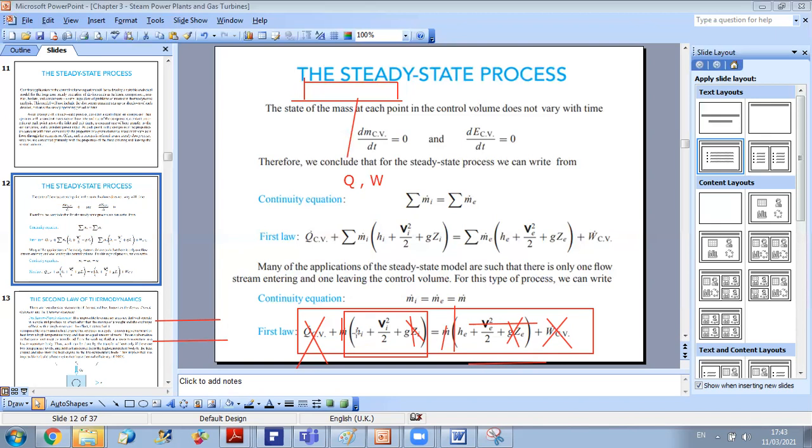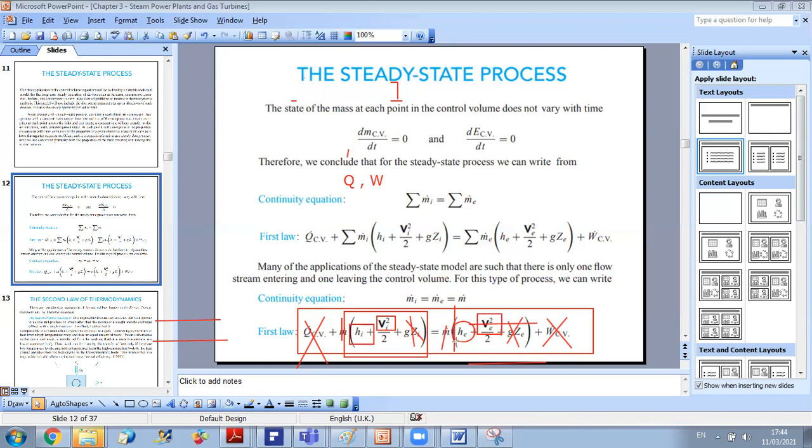I have h at inlet plus V inlet square over 2 equals h at outlet plus V outlet square over 2. Okay? And if I go back to my problem, I have h inlet given, I have V inlet given, also V exit is given. The only unknown in my equation will be h at outlet. So now from the energy equation, I can determine the exit enthalpy.